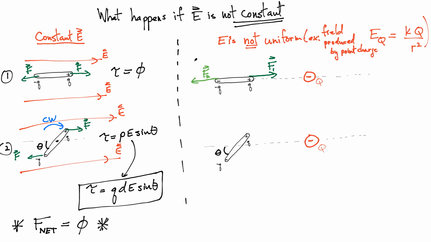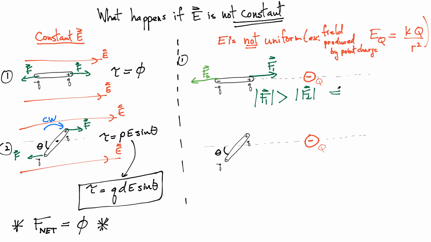Now, one thing that is different from the case of the constant electric field is that for the constant field, both of the force vectors had the same magnitude. In this case, F1 in magnitude is going to be bigger than F2.